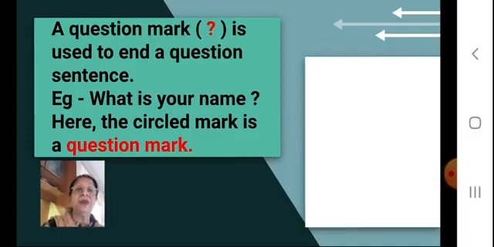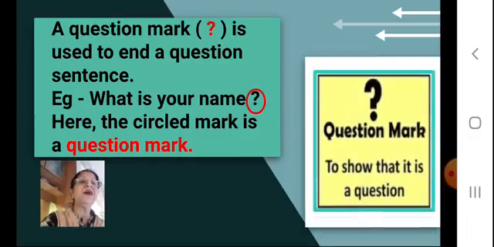That is a question. There we don't put a full stop because we are asking a question. So there we put a question mark. Here the circled mark is a question mark, right? So a question mark is to show that it is a question.